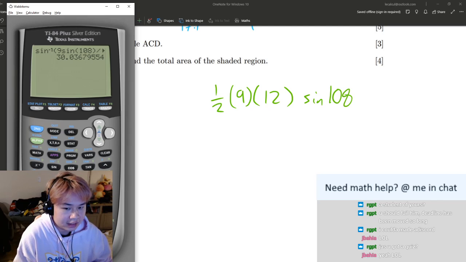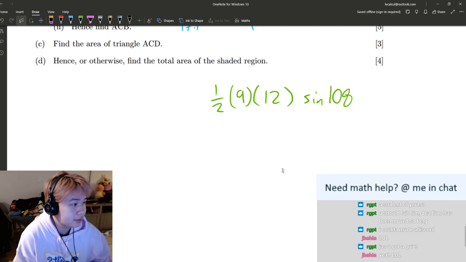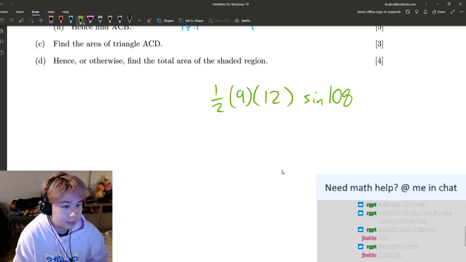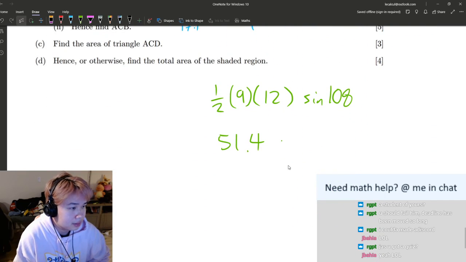So we can just calculate this. 51.4. And then, are there units? I don't think they're units, but whatever.